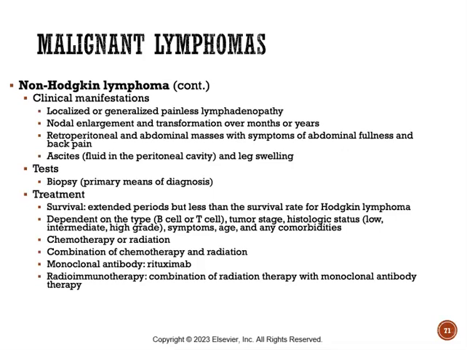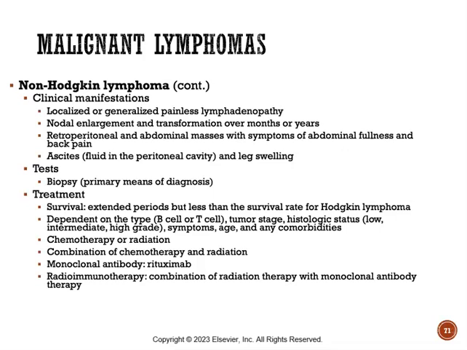And some patients can develop retroperitoneal and abdominal masses that can lead to abdominal fullness, back pain, ascites, or leg swelling. And similar to what we saw in Hodgkin's lymphoma, a biopsy is going to be the gold standard for diagnosis, and it helps determine the type, stage, and grade of the lymphoma.